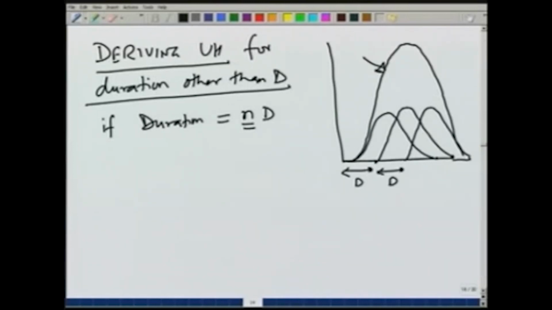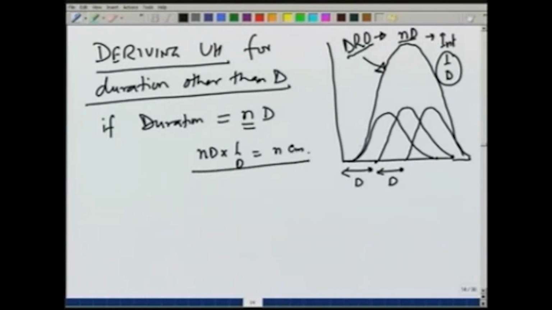a direct runoff hydrograph. This would be DRO, direct runoff ordinate, would correspond to rainfall of duration n d, in this case 3 d, and intensity 1 by d. Therefore, the volume of rain which causes this direct runoff hydrograph will be n d into 1 by d equal to n centimeter.